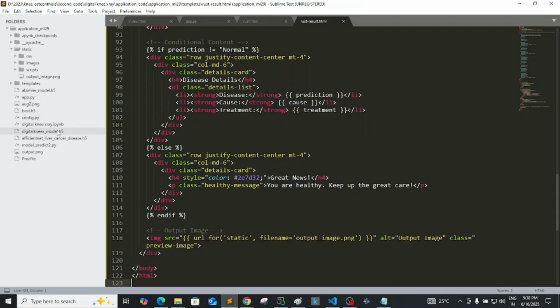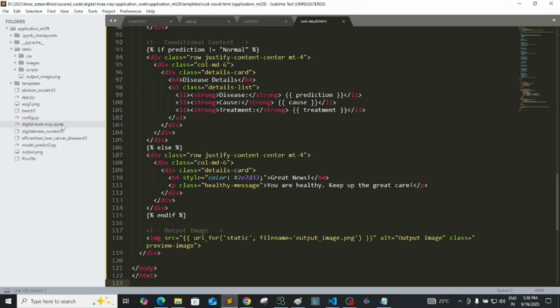The deep learning model which we saved in our Jupyter notebook will be loaded here. So that will be used for the detection in real time, as well as the cause, the treatment recommendation, as well as the future, what it may lead to. That also will be guided by this model itself.